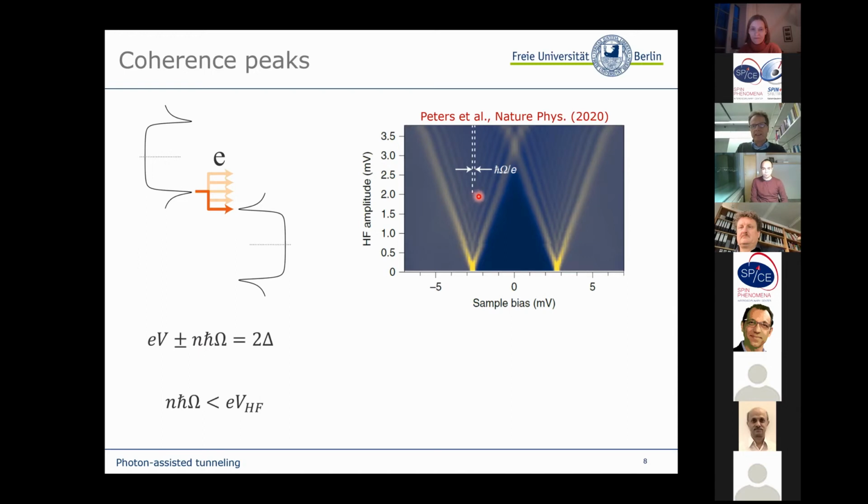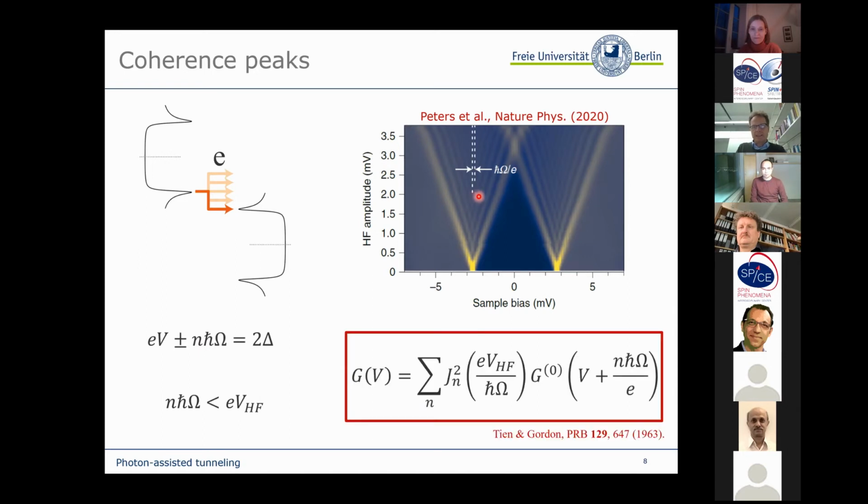And if you look at the data, this is in fact what's happening. Now, this was first looked at a long time ago by Tien and Gordon, and they related the conductance of the junction in the absence of the high-frequency radiation to the conductance in the presence of the high-frequency radiation as a sum over all these sidebands, and the strength of these sidebands is just given by these Bessel functions squared.